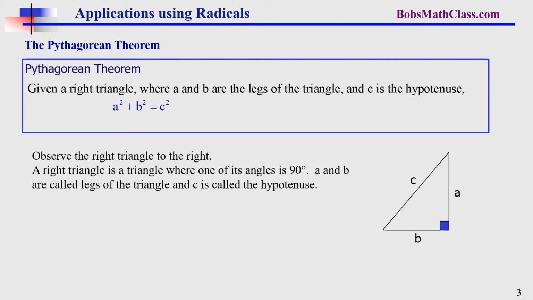And C is the hypotenuse. C is opposite from the right angle. Here's a picture of a right triangle. Notice that A and B are adjacent to the right angle, which is 90 degrees. And opposite of the right angle is C, called the hypotenuse.